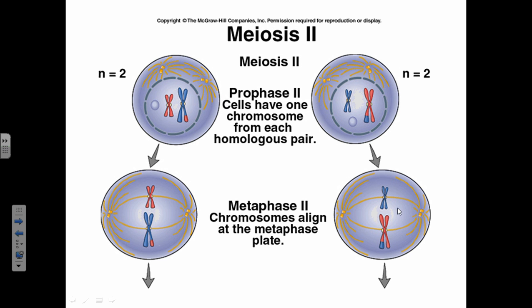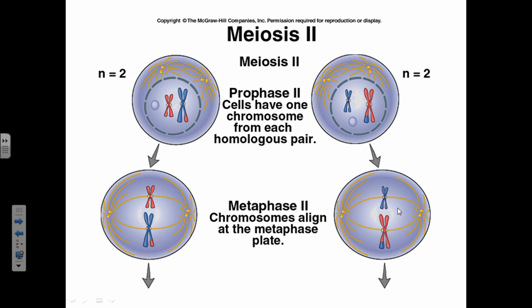What happens to the spindles? They form. What happens to the chromatin? It winds up and makes chromosomes. The little nucleolus goes away. There's no crossing over. None of that stuff happens here. This is just like mitosis.